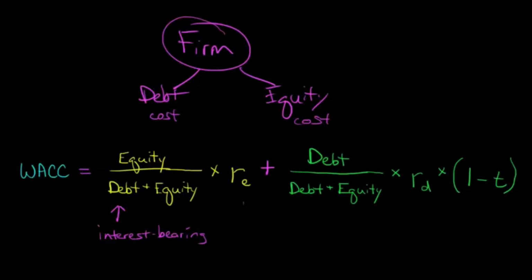This is the cost of equity. Let me just write that here: cost of the firm's equity, and that'll be something like 8%, 9%, 15%. It depends on the firm. But the main idea here is that we have to figure out the proportion of the firm that is financed by equity and then multiply that by the cost associated with that equity.